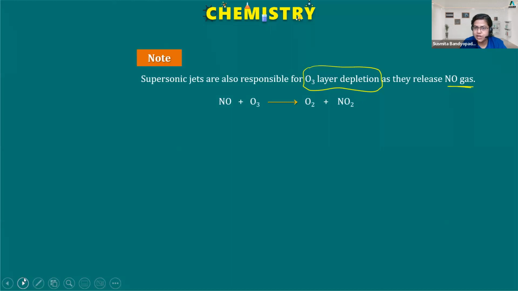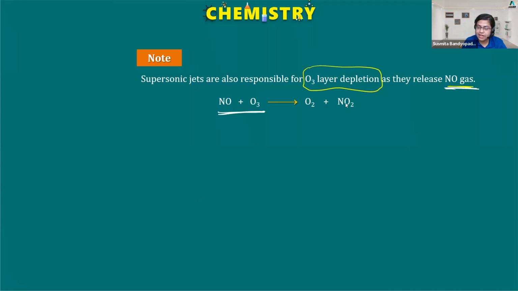The last slide today, because only 2 more minutes are left. So what happens, students? The supersonic jets release NO. This NO reacts with O3, because O3 is an oxidizing agent and oxidizes NO into NO2. As a result of this, the ozone layer in the stratosphere is getting depleted.